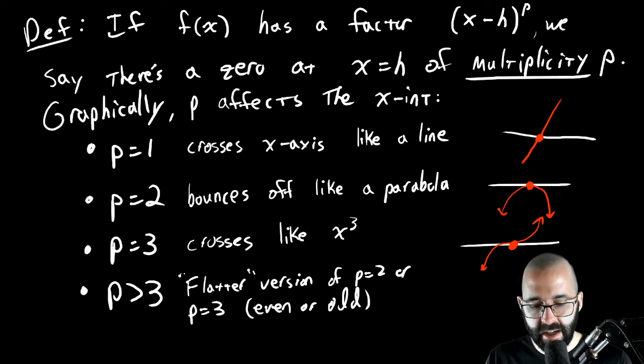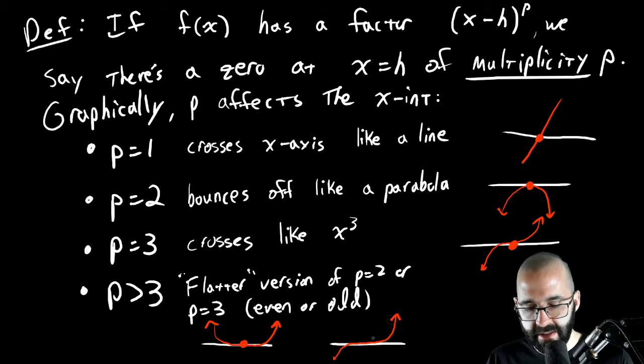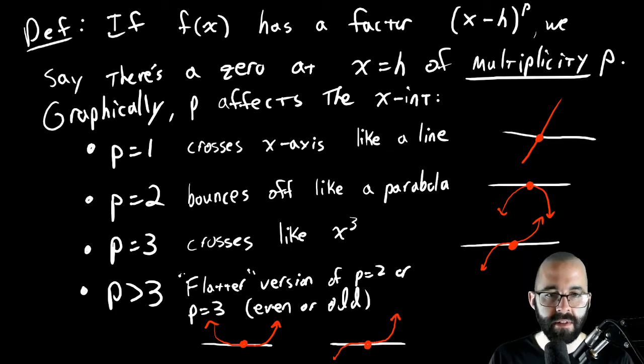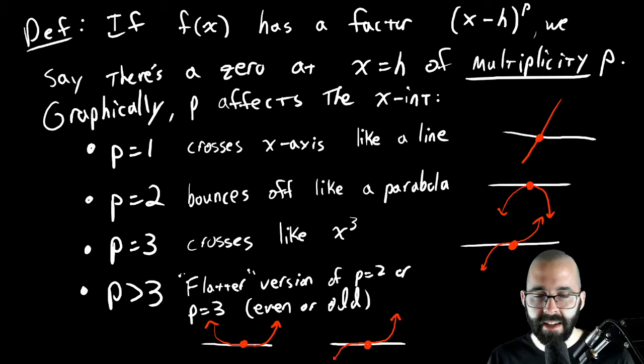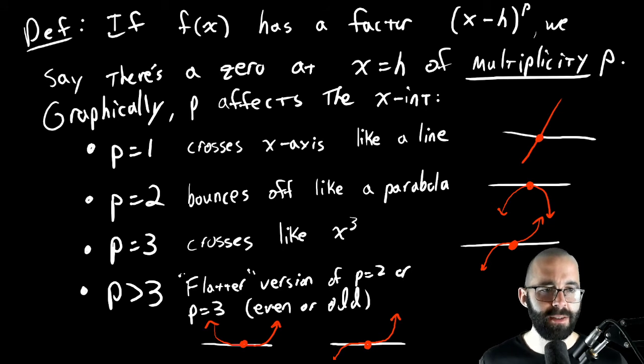Yeah, maybe if it's even, maybe it kind of looks like this, like extra flat. Or maybe if it's odd, it looks like kind of this, like extra flat. This last case is, we're not going to worry too much about it. I just want you to know it, but I'm not going to give you points based on how flat your thing is. Okay.